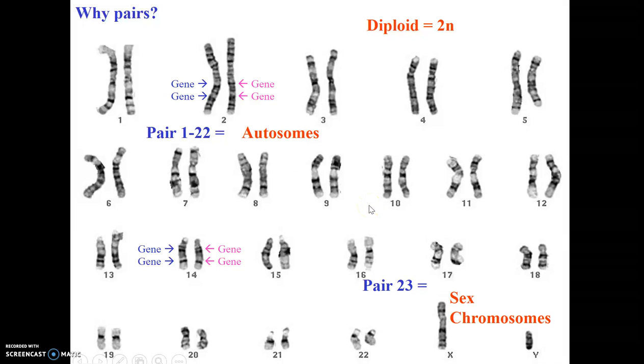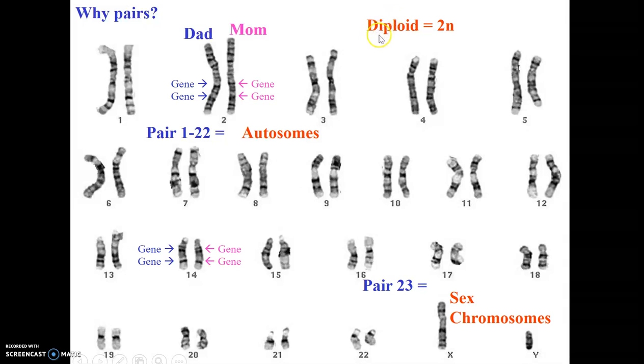We just talked about this a little bit, but why are there pairs? You get half your chromosomes from dad and the other half from your mom, and that's where all 46 of those come from. You have 2 of each kind, and that's why we say there's 23 pairs. This right here is what we would call a diploid cell, and we'll talk about this as we get into cell division and go into mitosis and meiosis.